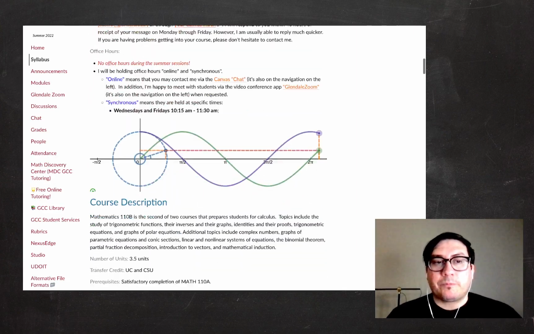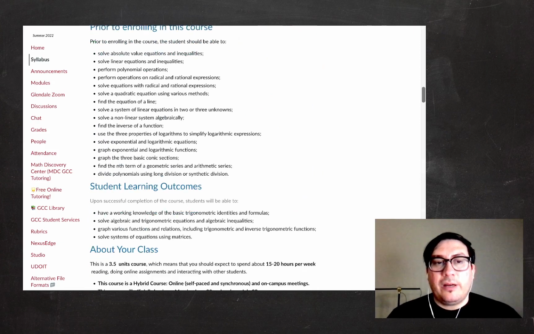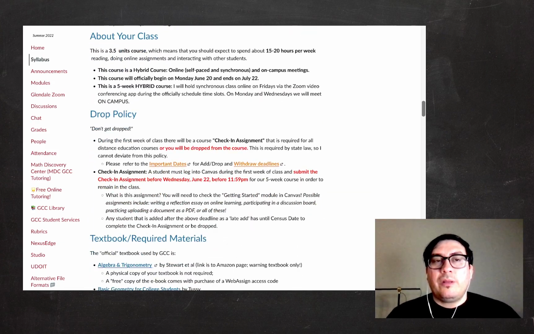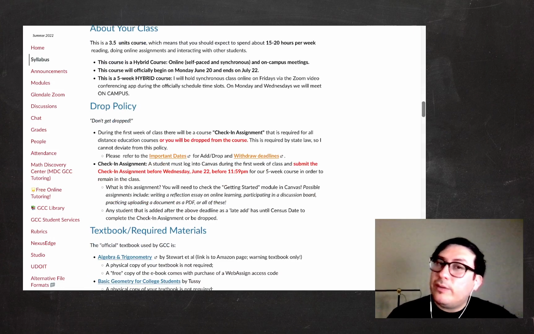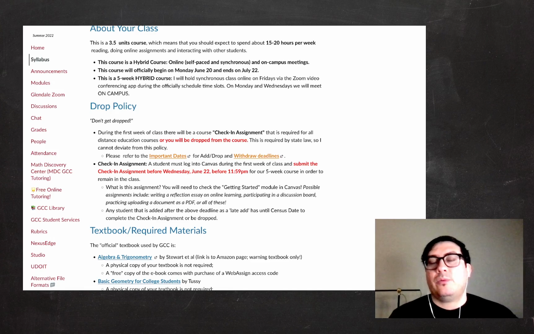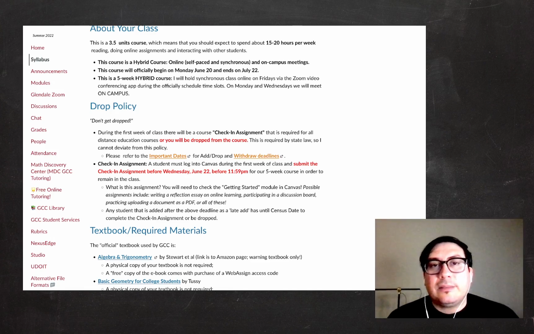Let me scroll all the way down towards the bottom here. Here we talk about what this class is. This class is hybrid, which is kind of unusual, but basically it's mostly an online course with a little bit of campus meetings. The campus meetings are just so that we can interact with each other. It's always more productive if we can learn from our colleagues, our classmates, and me.